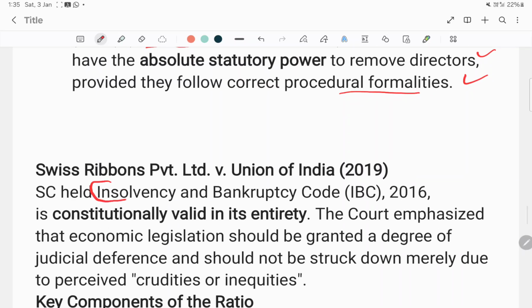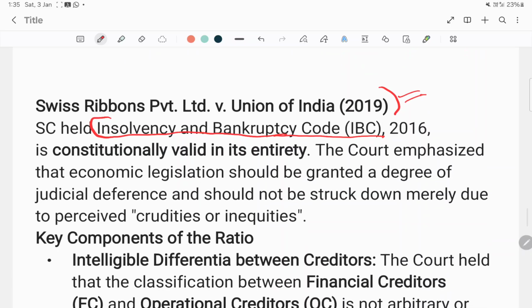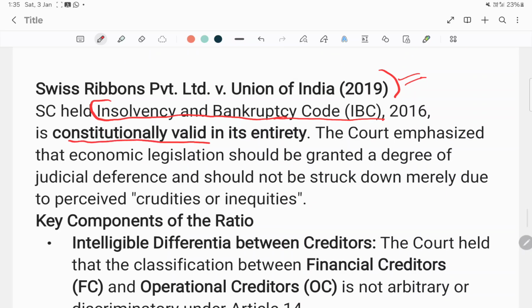There is one case based upon the Insolvency and Bankruptcy Code, Swiss Ribbons Private Limited versus Union of India. It was a very leading case decided in the year 2019 by the Supreme Court. It checked the constitutionality of the IBC Act.